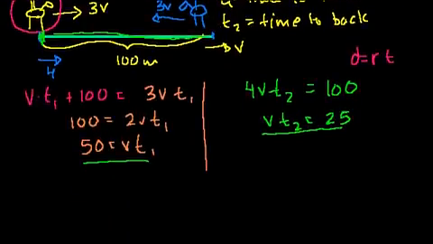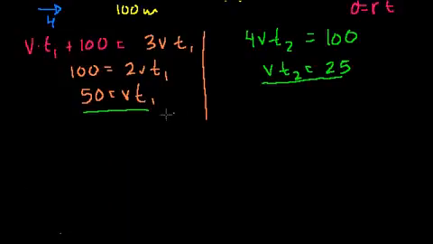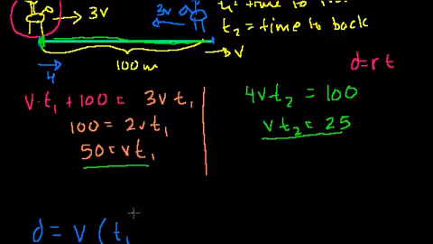So how far did the column move? Well, for the column, distance is equal to rate times time. So the column's distance is equal to the column's rate, velocity, times the time that this whole little problem occurs over. Well, t1 is how long it takes the officer to get to the front, plus t2.